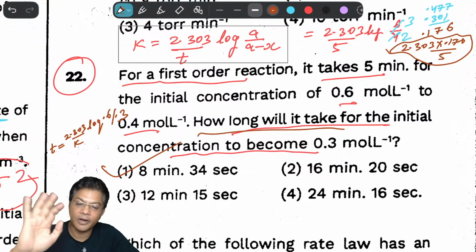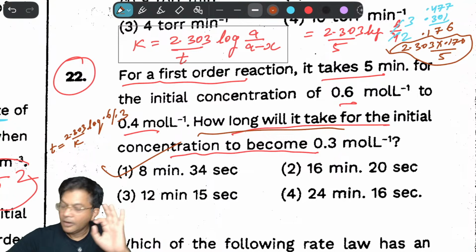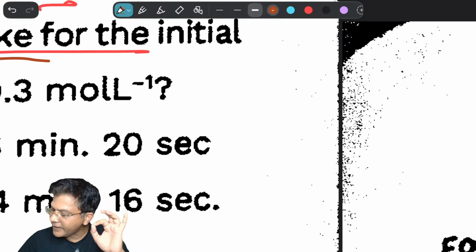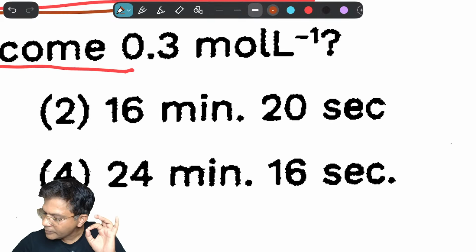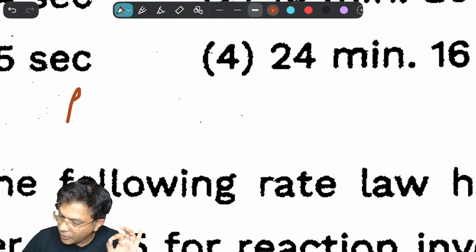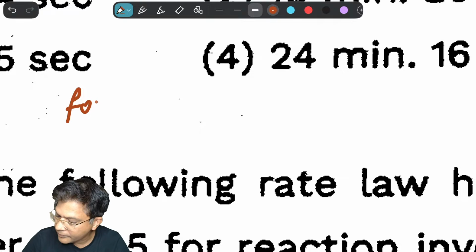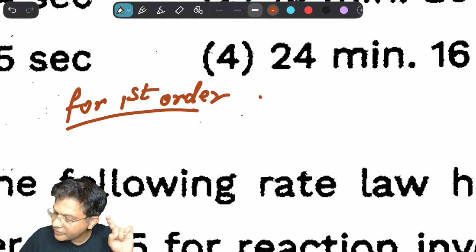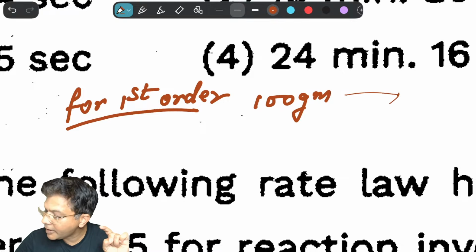Now tell me, how more? Let me tell you how more. We know that for first order chemical kinetics, if I start from 100 gram, in 1 T half it will become 50 gram.